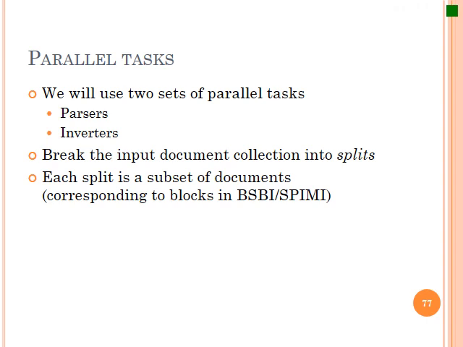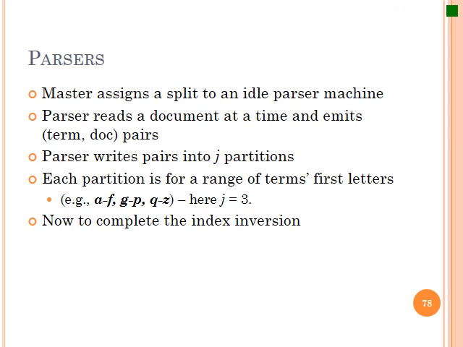We will break the input document collection into splits. Each split is a subset of documents, and this corresponds to the blocks in the two approaches, BSBI and SPIMI, that I talked about earlier. So what does the parser do?